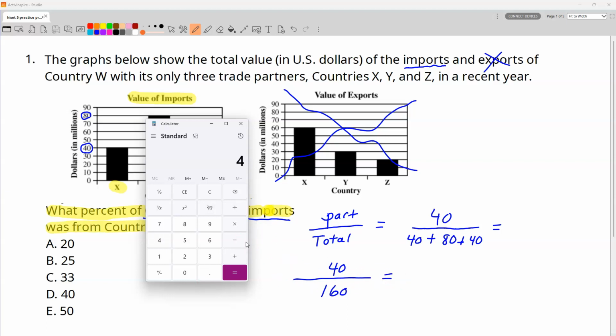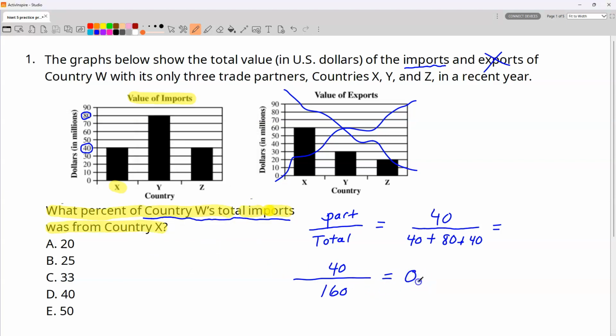So you'll go 40 divided by 160. That equals 0.25, which equals 25%. There you go. So the answer is B. Let's go to the next question.